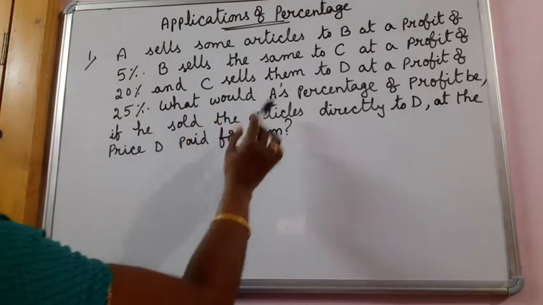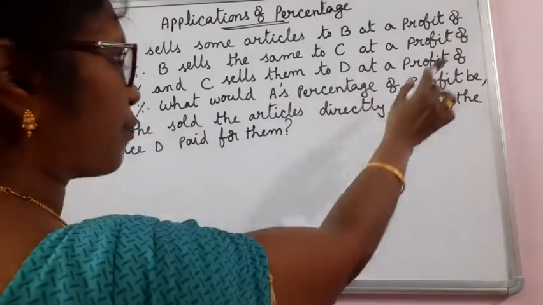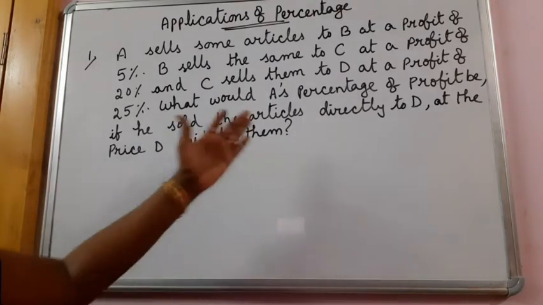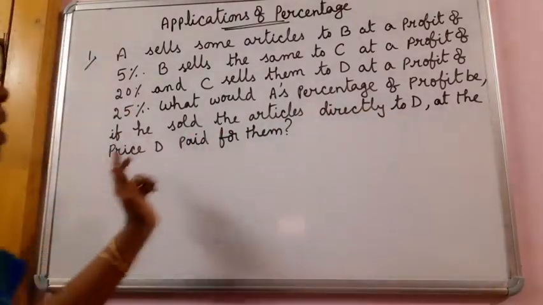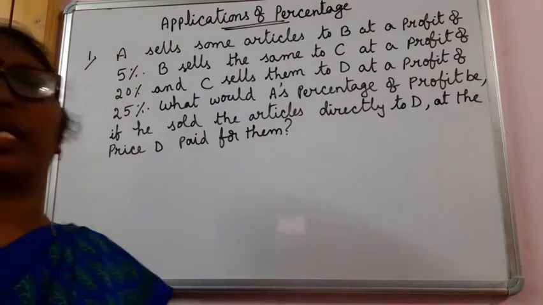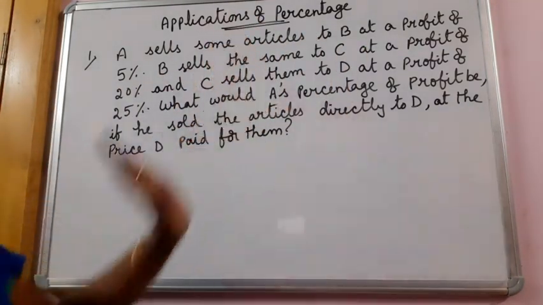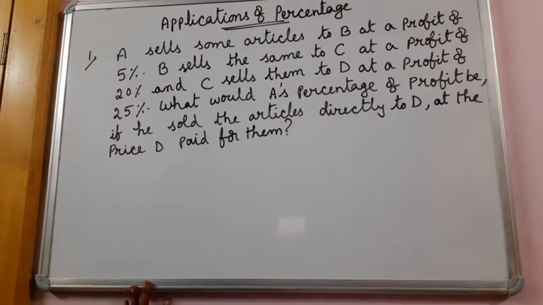What would A's percentage of profit be if he sold the articles directly to D at the price D paid for them? When we read the question like this, it is complete confusion, we won't understand anything.